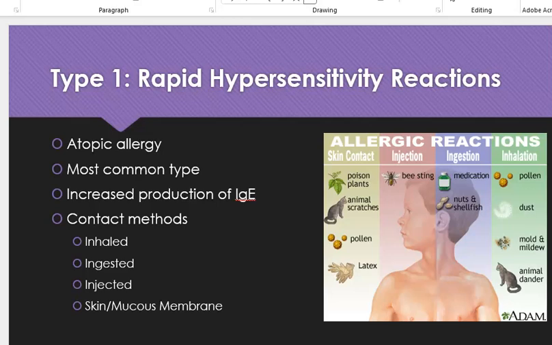So the mechanism of action would be, upon first exposure, antigen-specific IgE is made. The IgE binds to the surface of basophils and mast cells. Many cells have granules containing vasoactive amines, including histamine, that are released when stimulated.